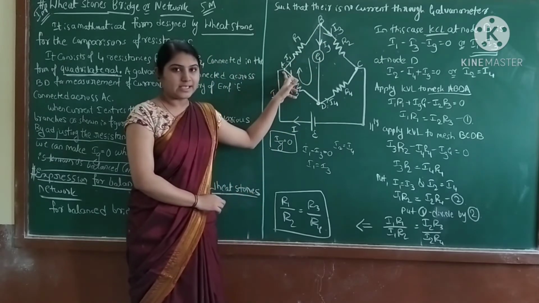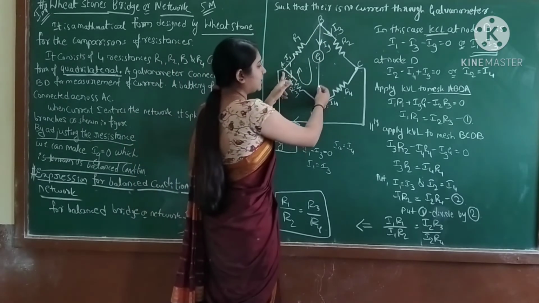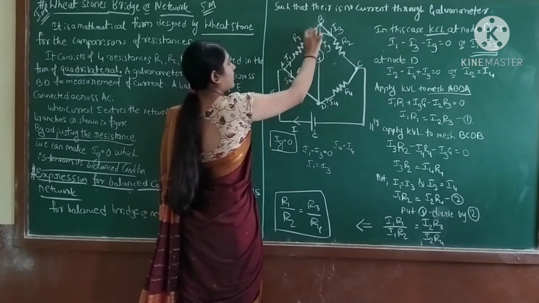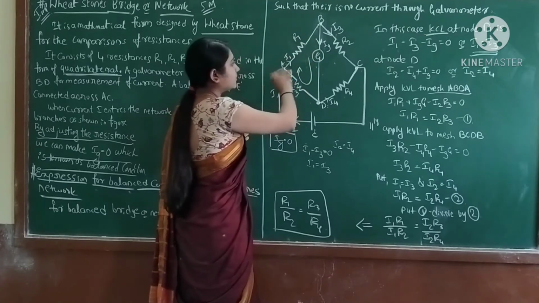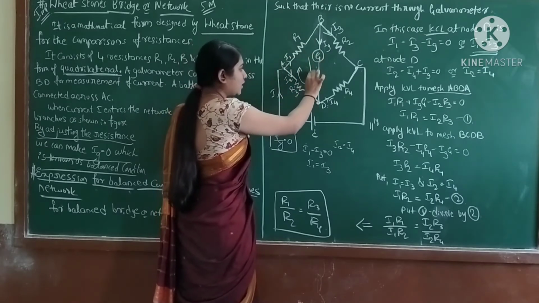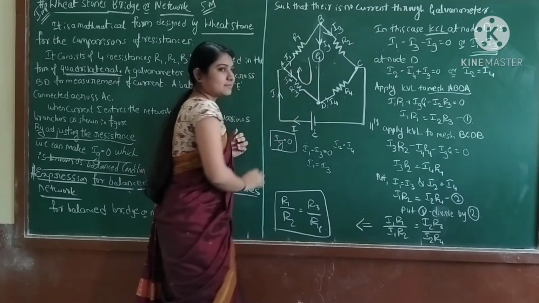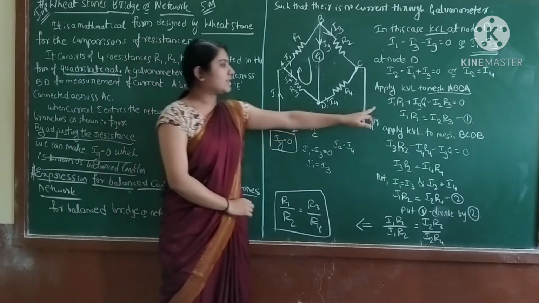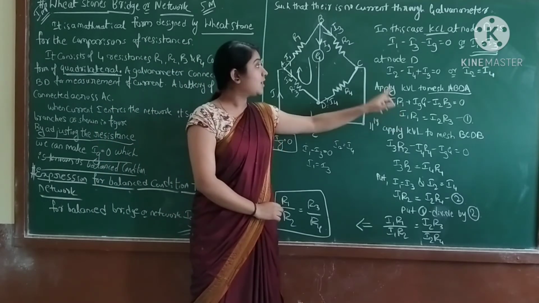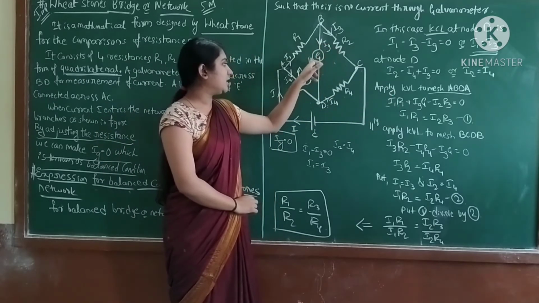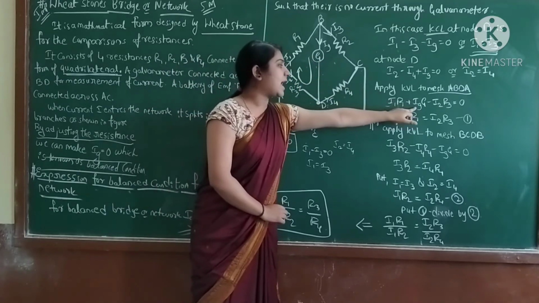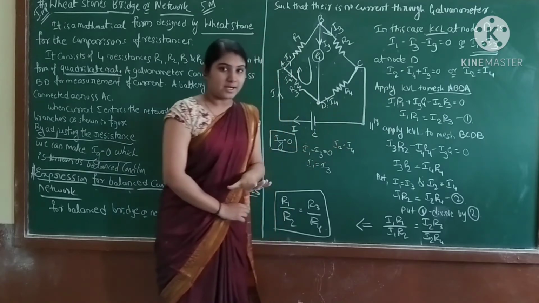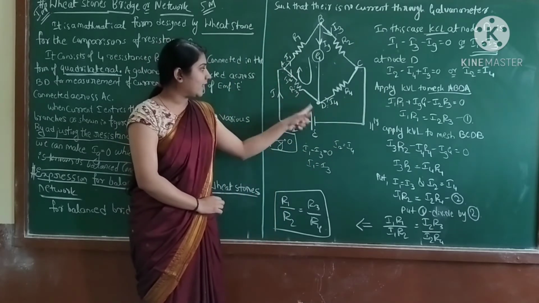ABDA. First one, it will come like this. I1 and R1 are in the clockwise direction, so take I1 R1 as positive, and Ig into G is also in that direction, so plus Ig into G. But I2 is moving away.